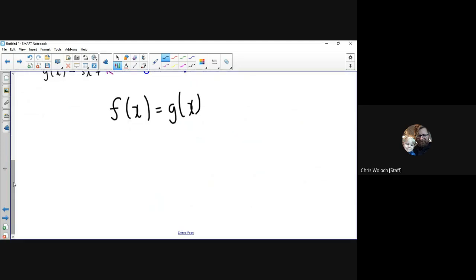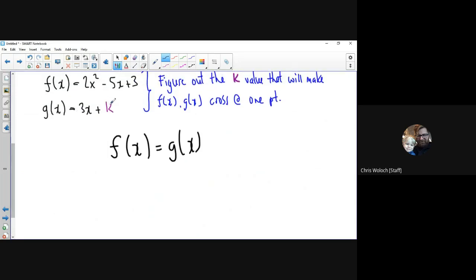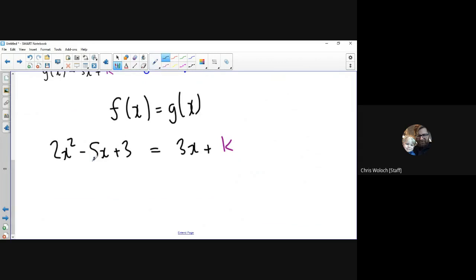Okay? So let's just write this stuff out nicely. So I have f of x. Okay, so I have 2x squared minus 5x plus 3 equals 3x plus k. Okay. So now what do we do next? Well, next we would move everything on the g of x side to the f of x side. So let's just do that. So I have 2x squared minus 5x.